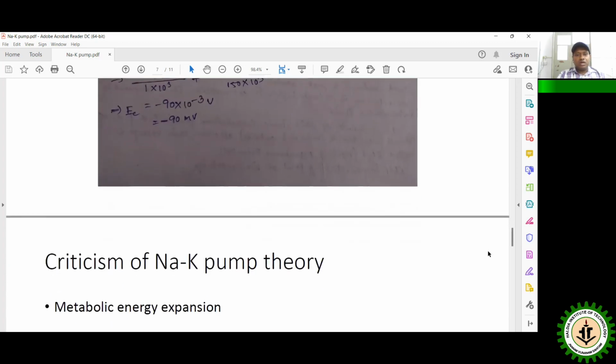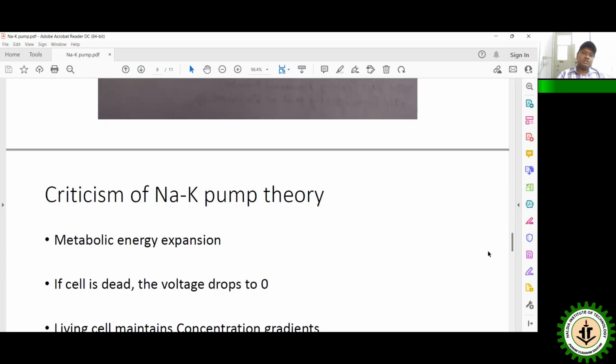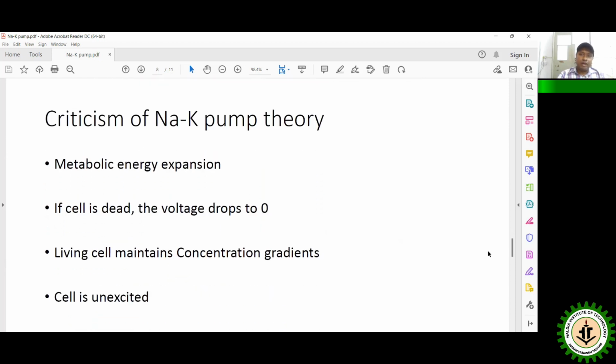Now let us go to the next slide, which is to criticize the sodium potassium pump, how valid this pump is. The first point I have mentioned is the metabolic energy expenditure. While we take food, due to the metabolism inside our body, this sodium potassium pump is maintained. Now suppose the cell is dead, what will be the voltage?